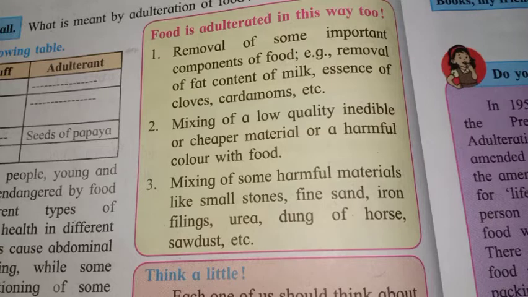Then mixing of some harmful materials like small stones, fine sand, iron filings, urea, dung of horse and sawdust. So these are the main adulterants of food. This is exactly what is meant by adulteration of food.